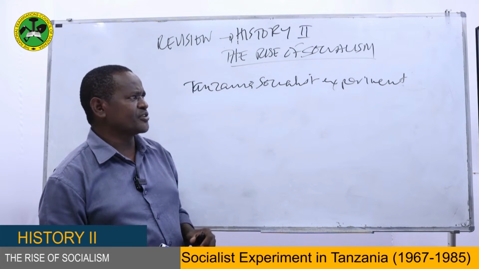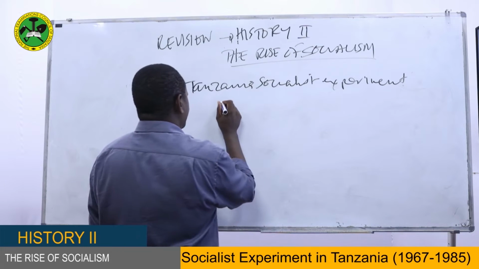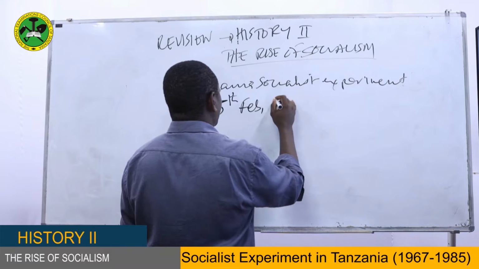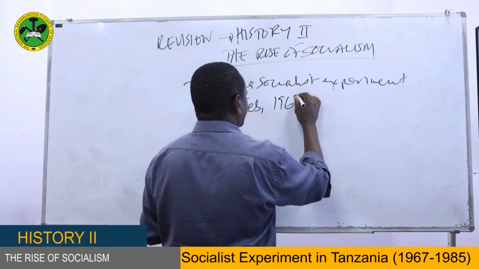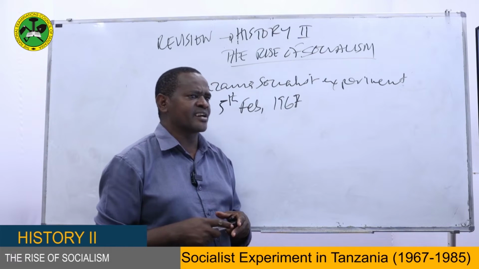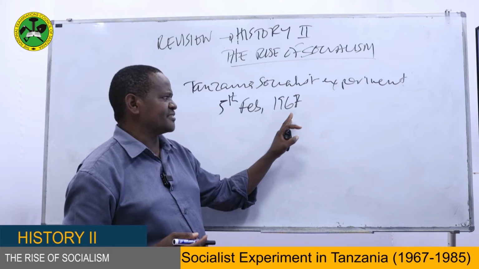Socialism was introduced in Tanzania on the 5th of February, 1967, during the Arusha Declaration. And it was outlined by Mwalimu Julius Kambarage Nyerere, who was the first president of the United Republic of Tanzania.